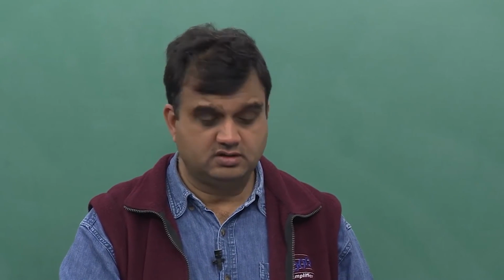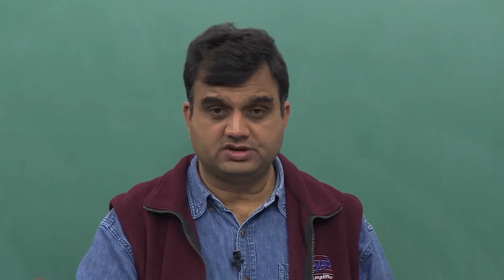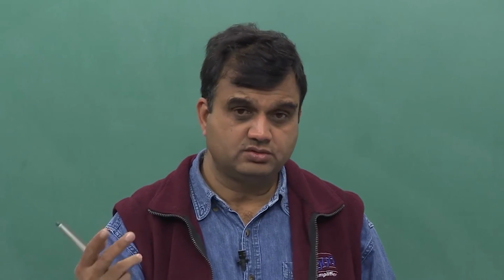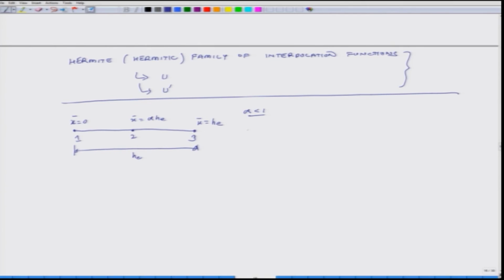We will develop these interpolation functions, and because this is a quadratic element, it has 3 nodes, and the interpolation functions will be 3 in number, psi 1, psi 2, psi 3, and we want to know what the exact functions are. So, we just assume a general form: psi 1 of x bar equals a plus b x bar plus c x bar square.